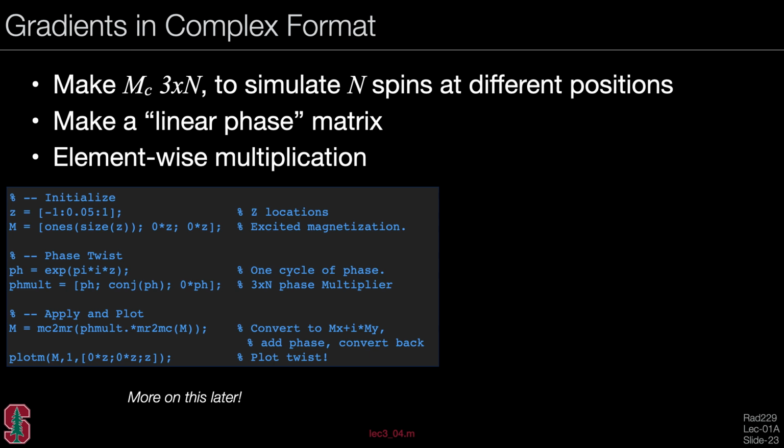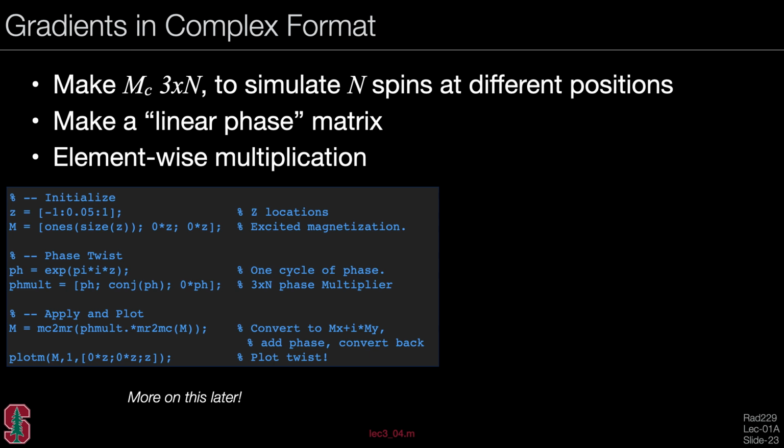And then we can simply use these functions mc2mr and mr2mc, which just apply those transformations between real and complex matrices. So we have a real valued m here, and we've transformed it to complex. We've multiplied by the linear phase, and we've transformed it back to a real value.